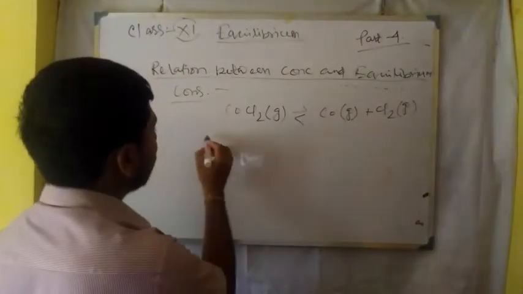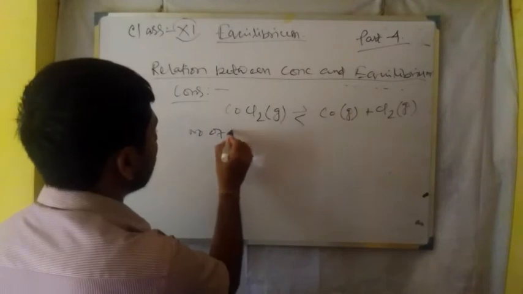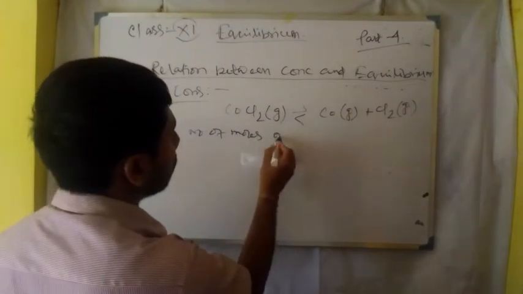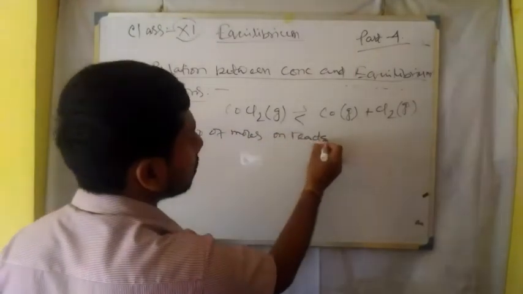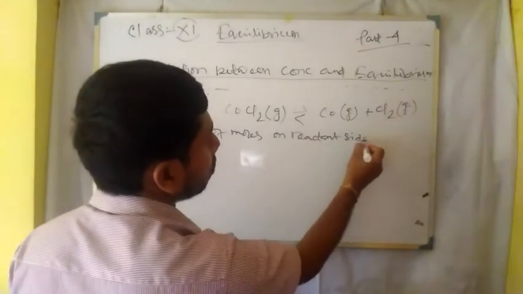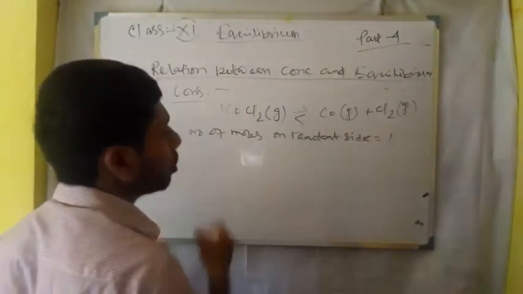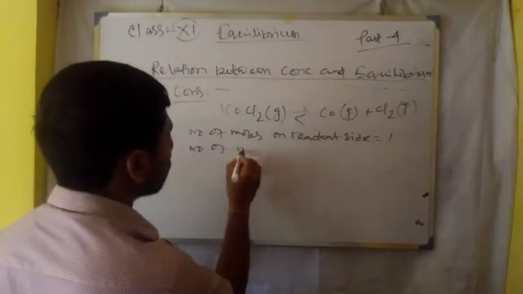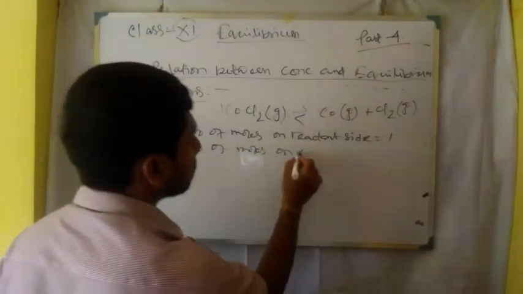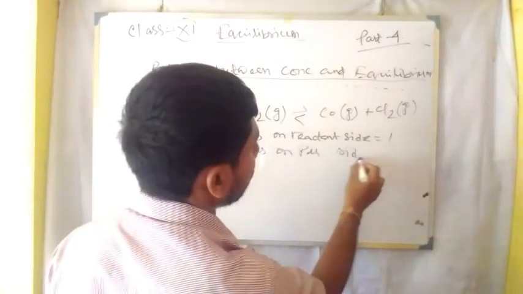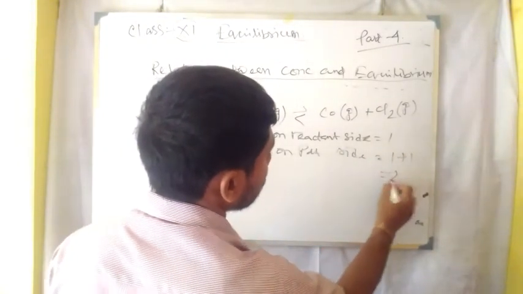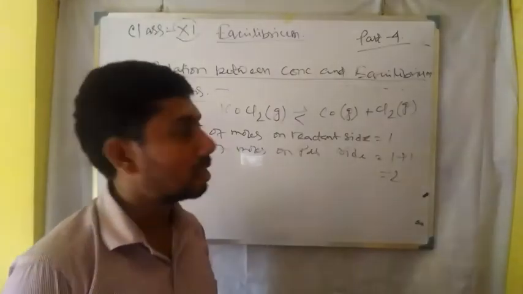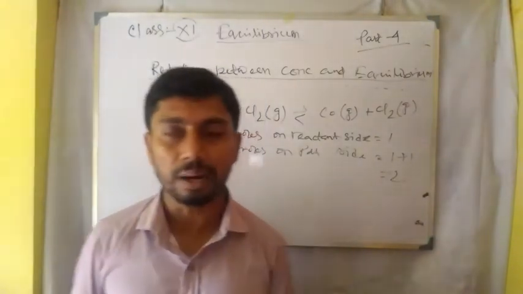So here first of all calculate the number of moles on the reactant side. On the reactant side it is equal to 1, because there is only one constituent, and the number of moles on the product side is equal to 1 plus 1, that is 2. So there is a difference in the number of moles of reactants and products.